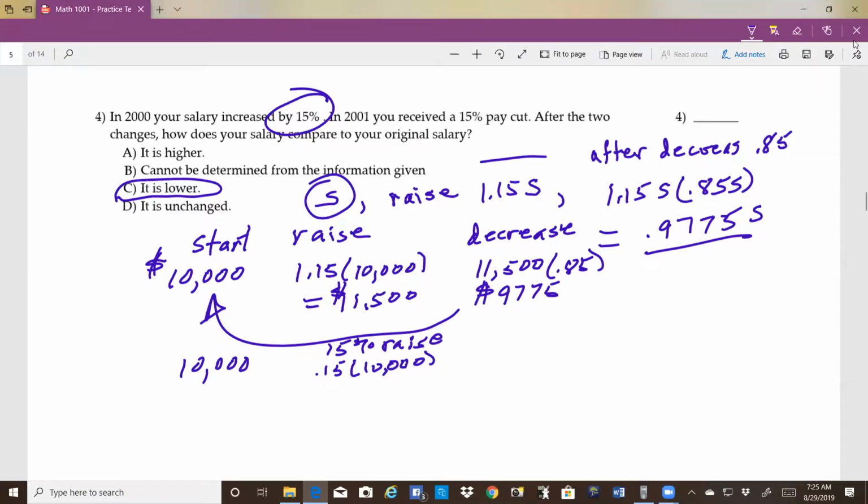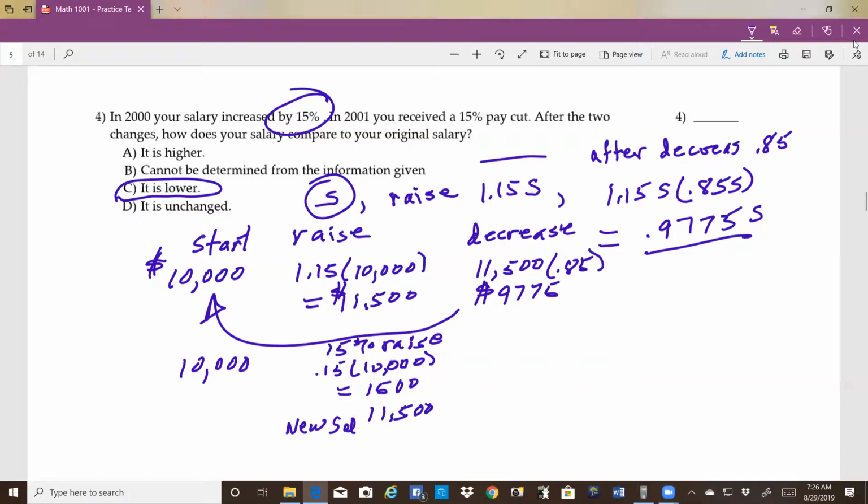So his raise is $1,500. So the new salary is 11,500.